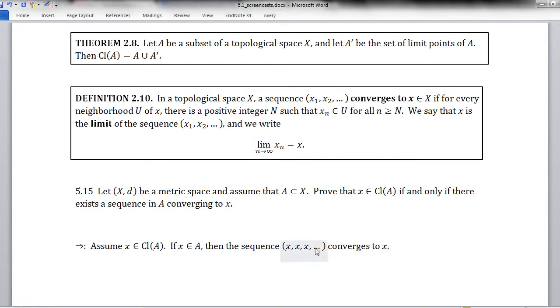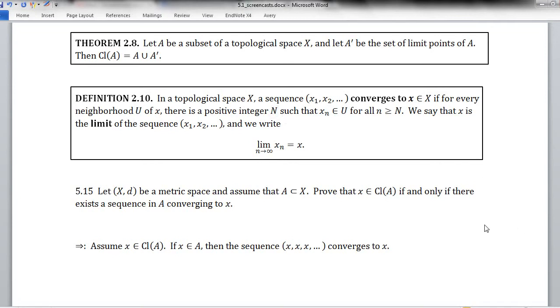Okay, so why does this converge to x? Let's just make sure we can prove that. Well, we need to find a positive integer N, for any neighborhood U of x that's given to us, such that starting at the Nth term, this sequence is in that neighborhood.